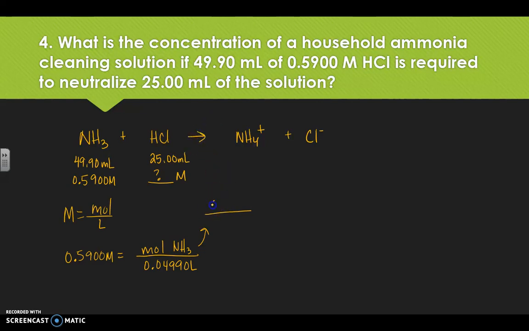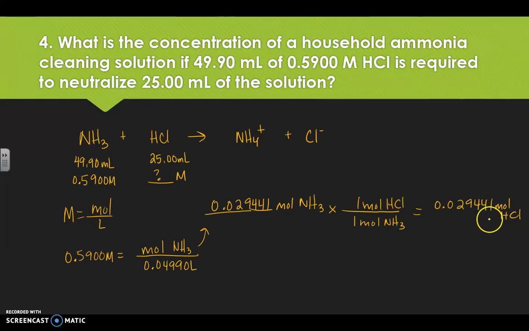It gives us 0.029441 moles of NH3. Now we need to go from moles of NH3 to moles of HCl. 1 mole of HCl, which gives us 0.029441 moles of HCl.